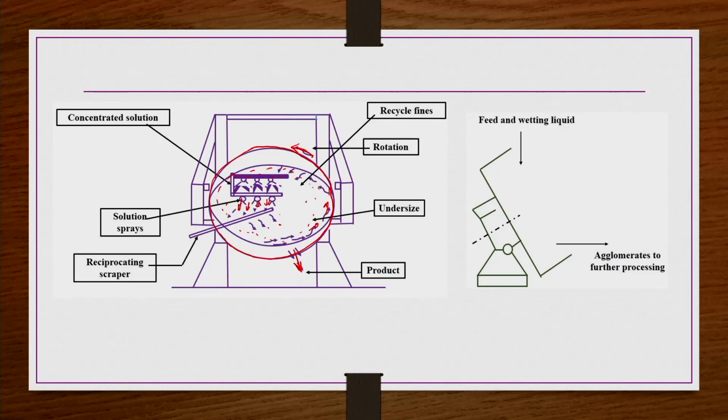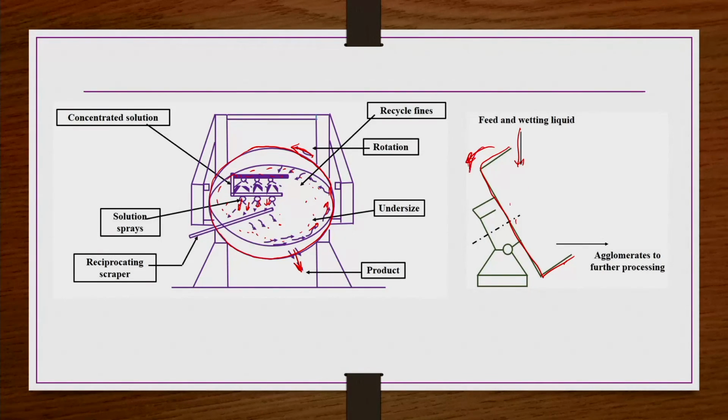This controlling, or the size classification, can be done by this reciprocating scraper, which moves mechanically. Now, in the frontal view of the same equipment, this is the disc. The feed and then the wetting liquid come continuously here. The disc rotates in this direction; it may rotate in the other direction also.